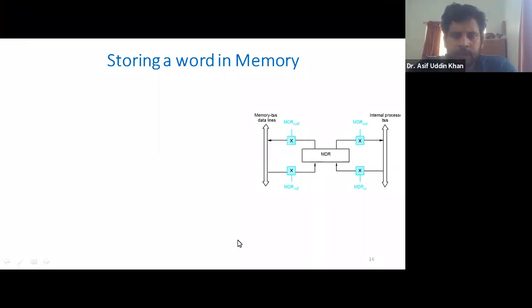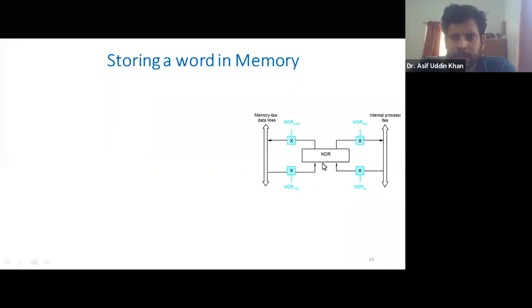So last class we discussed how to read and write data from memory. This diagram is showing how MDR is connected to the internal bus in the single bus processor architecture, and the other end it is connected to the memory. And this MDR is attached with four flag values.